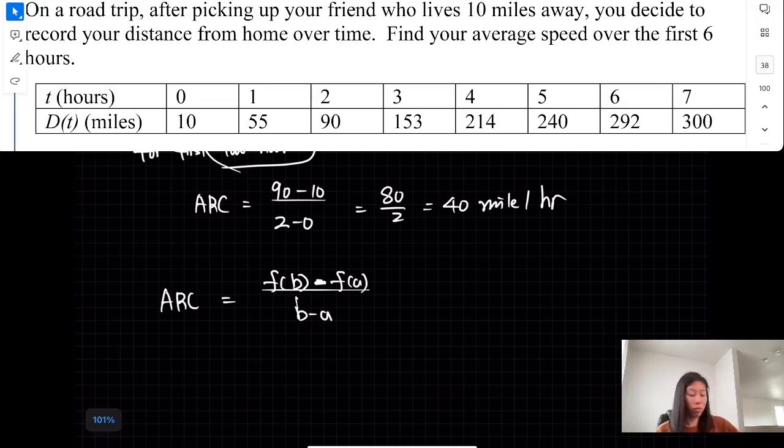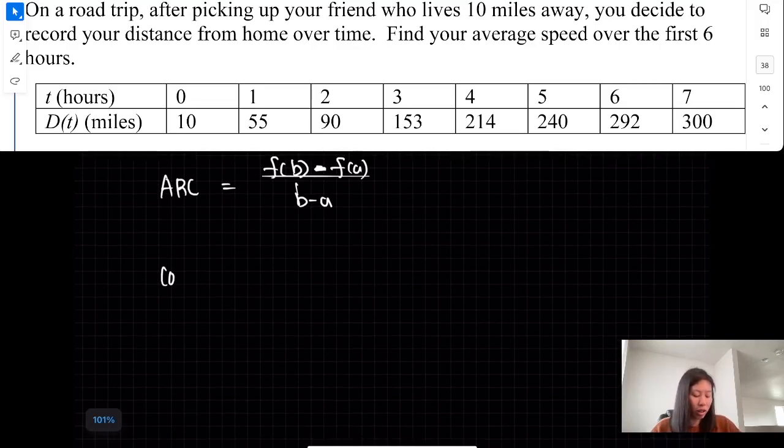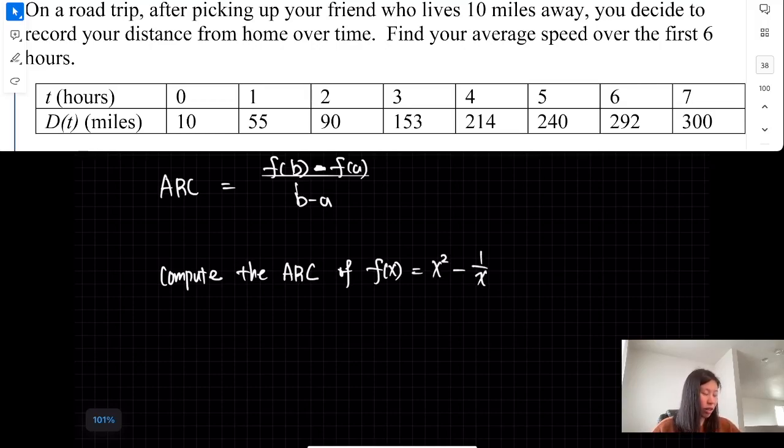Okay, so let's compute the average rate of change of the function f of x equals x squared minus 1 over x on the interval of 2 to 4.